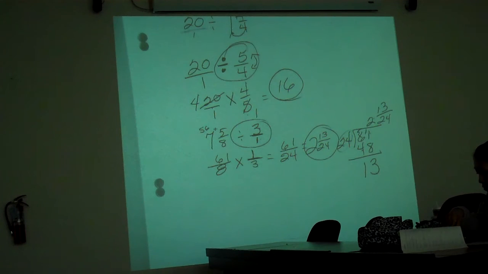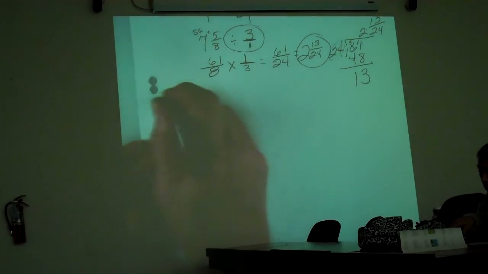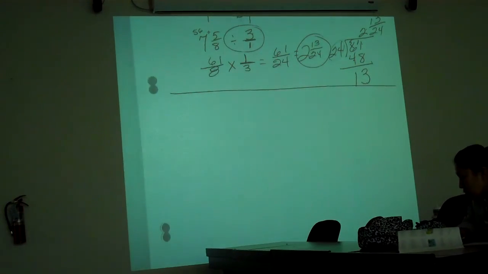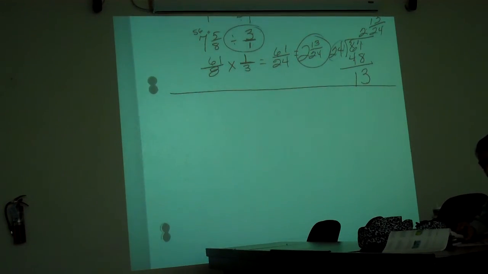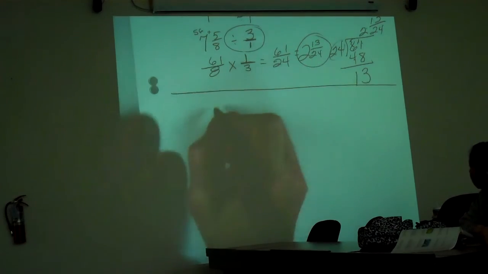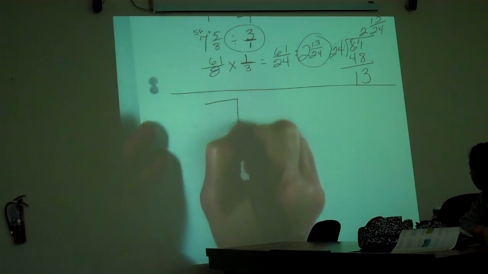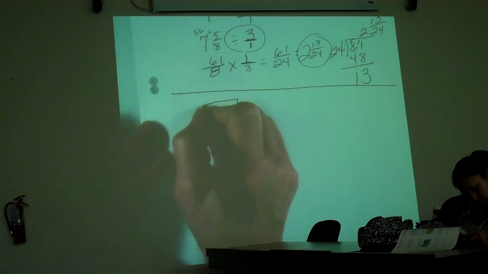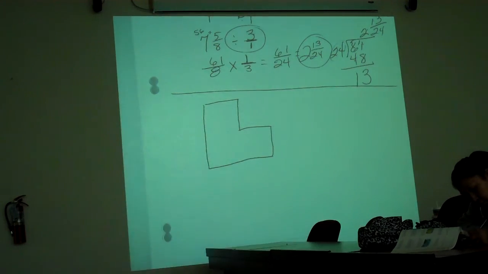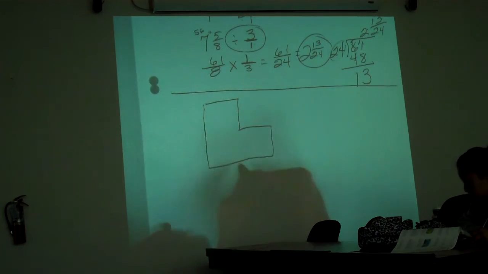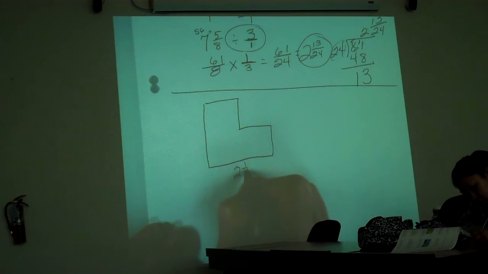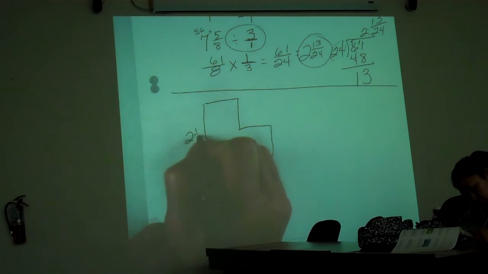Okay, there's one that, number 49 and 50, that's some that people normally have troubles on. I'm going to make one like 49, and it should help you to do 49 and 50, okay? Okay. Let's say that the sides of this were 2 1/5, and this is 2 1/5.